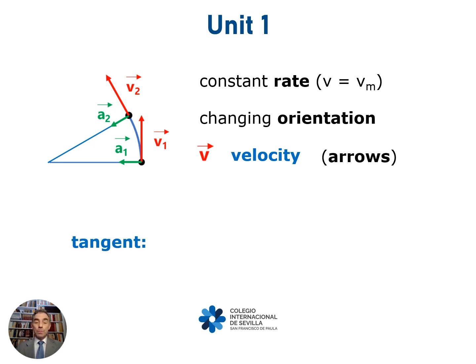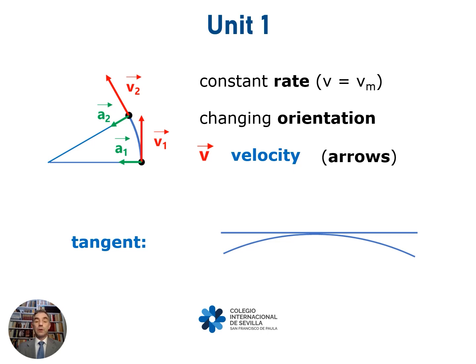At each point when a body is moving, the velocity is tangent to the trajectory at every single point. As we can see in the image, on point 1, the radius is horizontal and the velocity v1 is vertical, perpendicular to the radius and tangent to the curve.